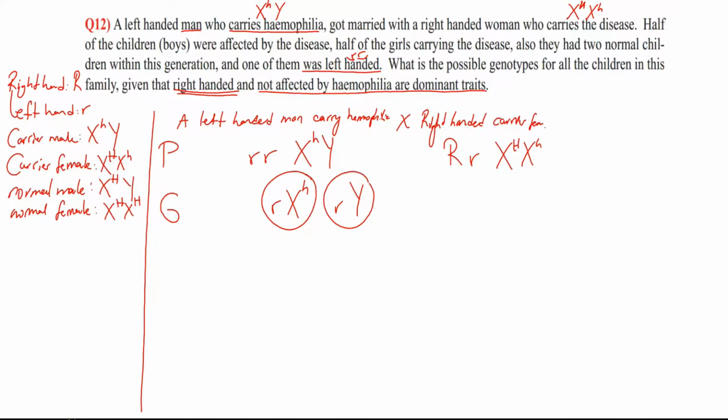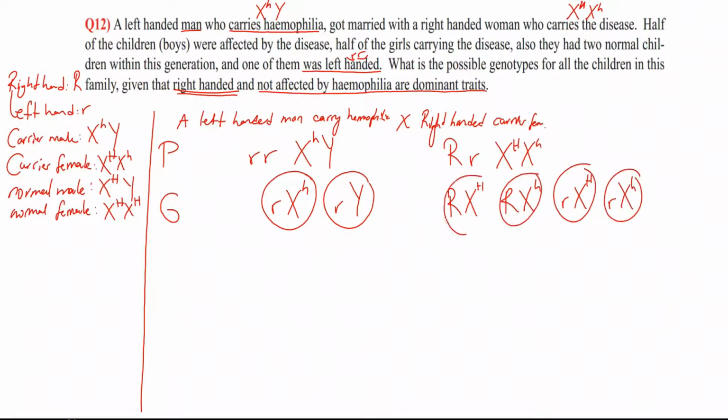For female, because it's hybrid for both traits, it produces four kinds of gametes: R capital with H capital, R capital with H small, R small with H capital, and R small with H small, as we see for gametes.